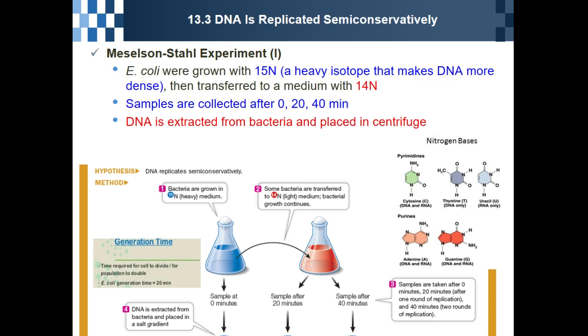Bacteria were growing in nitrogen 15, then after transfer into the medium with nitrogen 14, the first group was sampled right then, at 0 minutes. The other one is 20 minutes, and the other is 40 minutes.